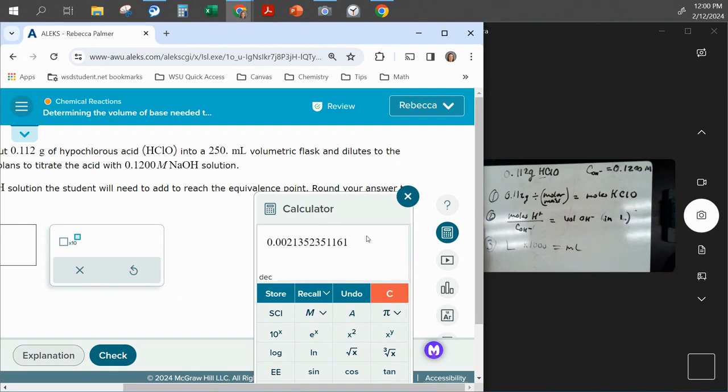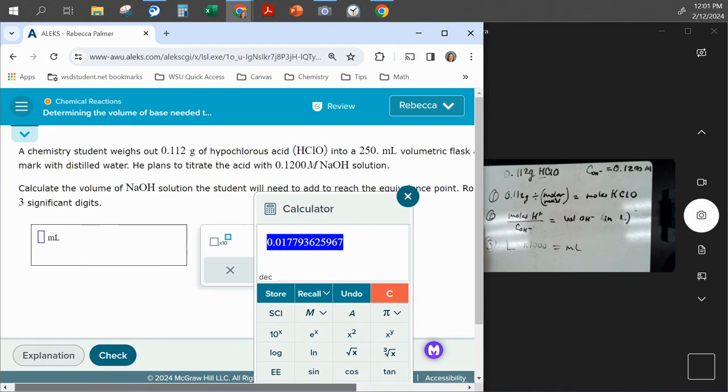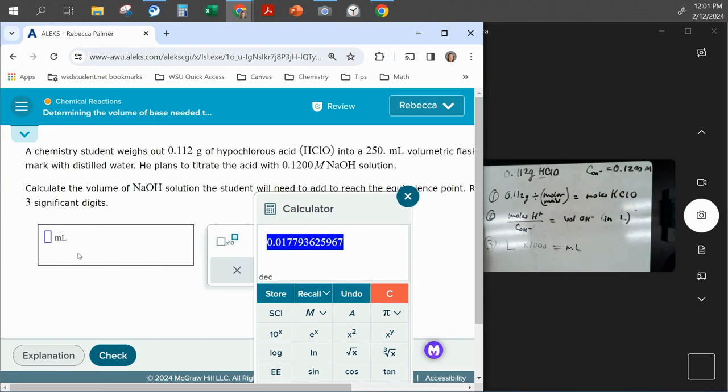This was our moles of H. We're going to divide by the concentration of base, and that'll give us the volume of the base. So we've got 17.8 milliliters. The other thing I'm going to check is that this one has 3 sig figs, this has 4, so I'm going to go with 3 sig figs. 1, 2, 3.